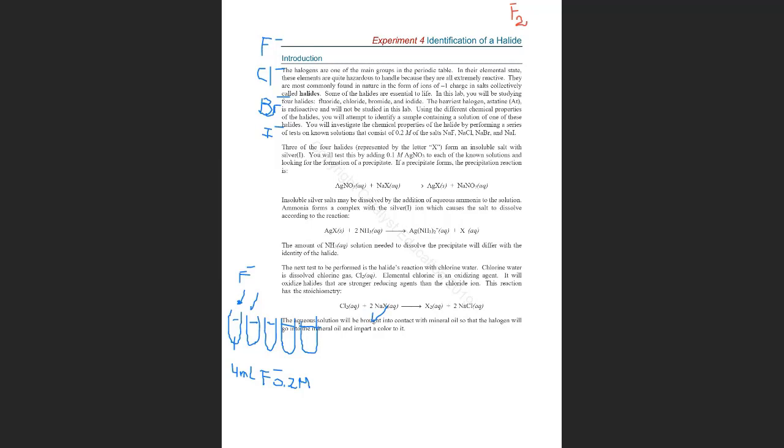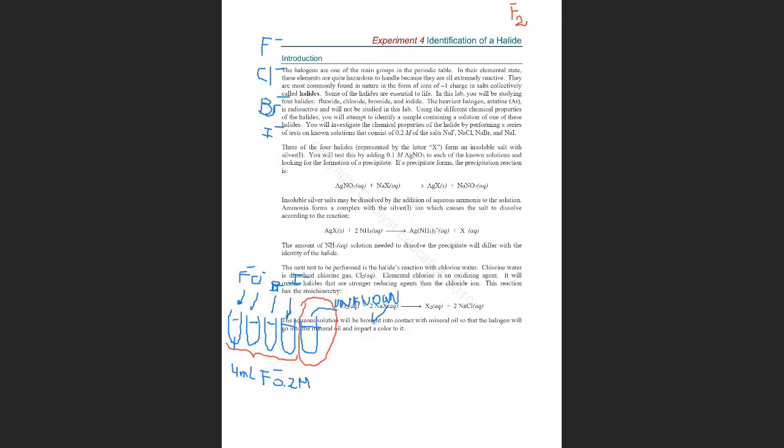Tube number 2 will have chloride. Tube number 3 will have bromide. Tube number 4 will have iodide. And tube number 5 will have your unknown. So basically, your unknown is going to be one of these 4.